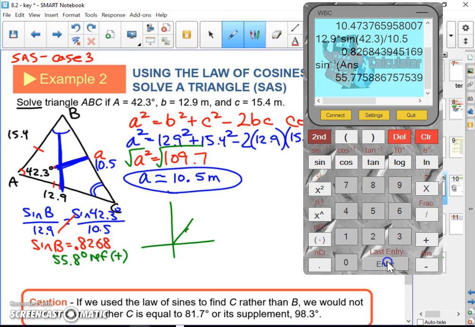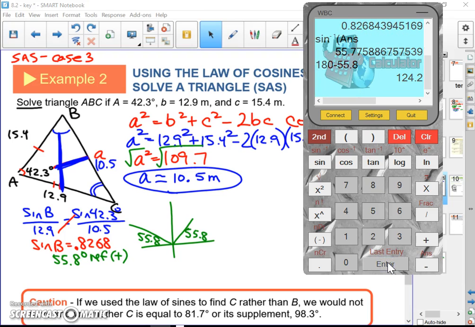The 55.8 where sine is positive is going to either be in the first or the second quadrant. Now look at the second one. The second angle is going to be 180 minus 55.8, 124.2. So B either equals 55.8 degrees or B equals 124.2 degrees.